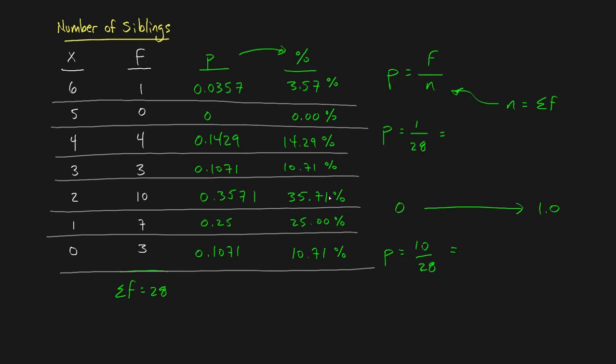Okay, so I'd say it's easy to see that percentages are much more intuitive. You can see right away that my highest frequency leads to my highest percentage, and it gives us an easy way to describe what's happening with our scores. We can say that about a third, or 35%, almost 36% of our data set answered that they have 2 siblings, whereas only 3%, between 3 and 4%, said that they had as many as 6 siblings.